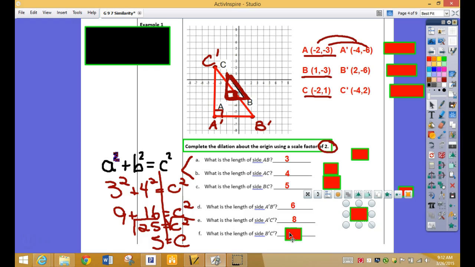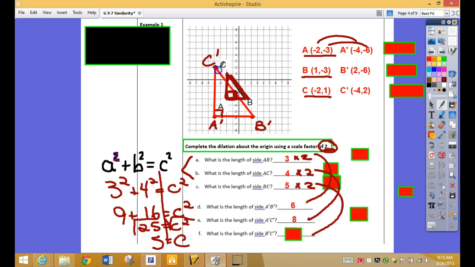No, why not? You have times by 2. Did you guys notice that? It was a scale factor of 2, so times 2 equaled my 6, times 2 equaled my 8. So do you think times 2 this side here will be 10 then? Who thinks yes? And drum roll. Voila. So you only have to do the Pythagorean theorem for the one pre-image and then multiply. If you want to, you can do the Pythagorean theorem again, but I think that's a lot easier.